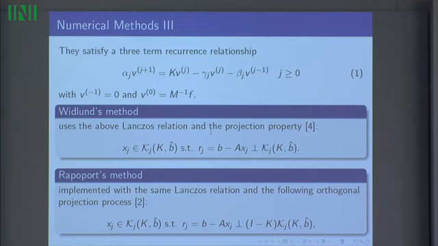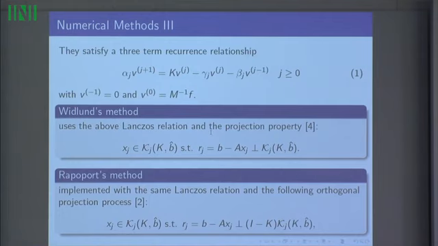So Widlund used this Lanczos relation above and a projection property such that when we are looking for x_j in the j-th Krylov subspace generated by K and b hat, the residual b minus A x_j should be orthogonal to the j-th Krylov subspace. And in the same year, his PhD student Rapoport implemented the same Lanczos relation with a slightly different projection process, where the residual should be orthogonal to the (I minus K) j-th Krylov subspace.